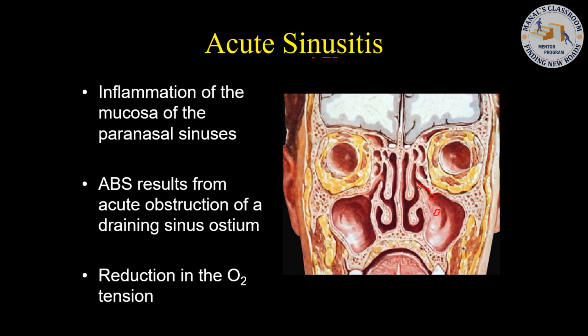The little bone right here below the ethmoidal infundibulum is the uncinate process. And then once you get to the top of the ethmoidal infundibulum, this is the hiatus semilunaris. And then the drainage from the hiatus semilunaris ends up coming into the middle meatus. And then this area right here is that middle turbinate.